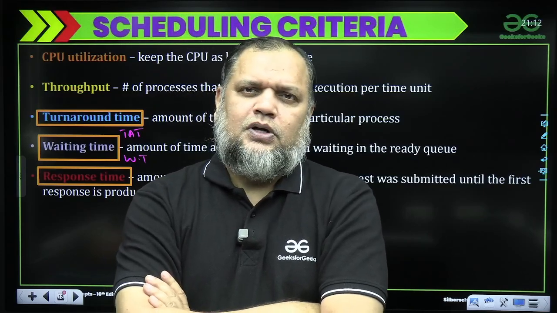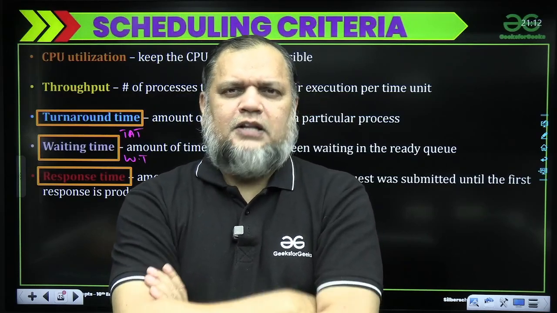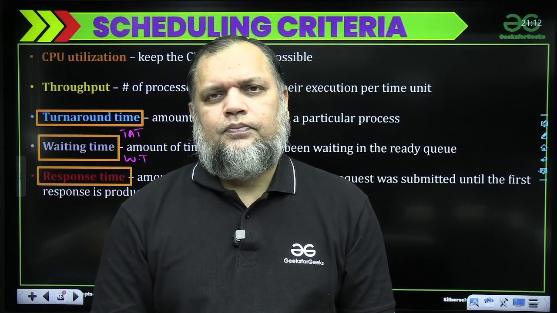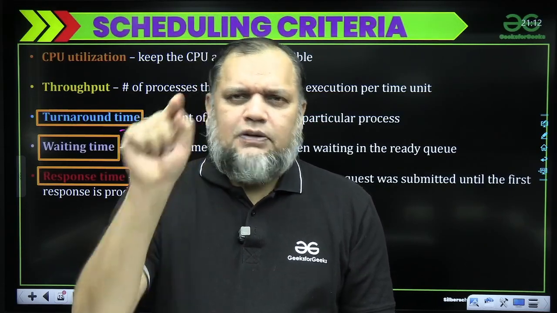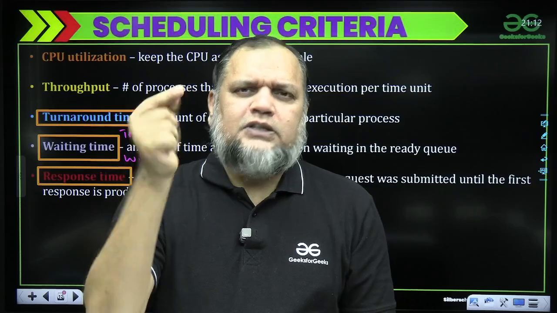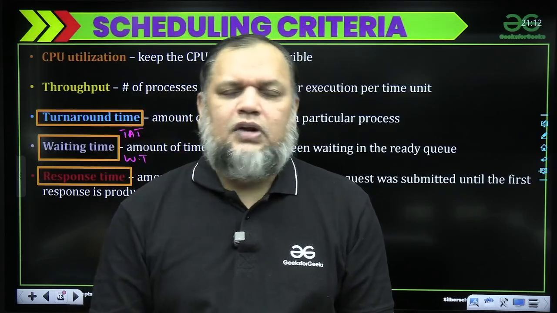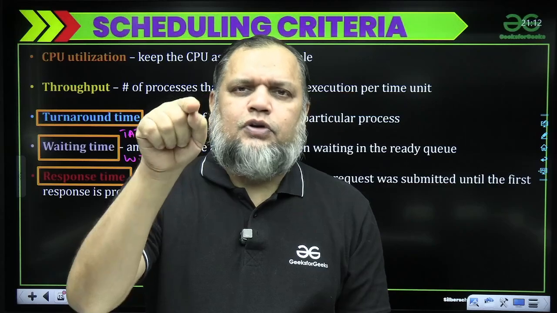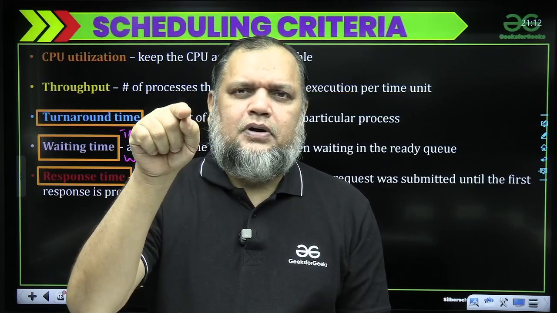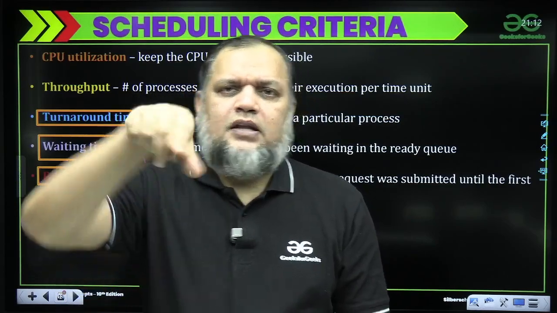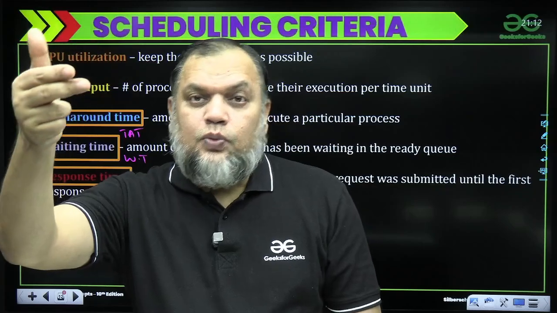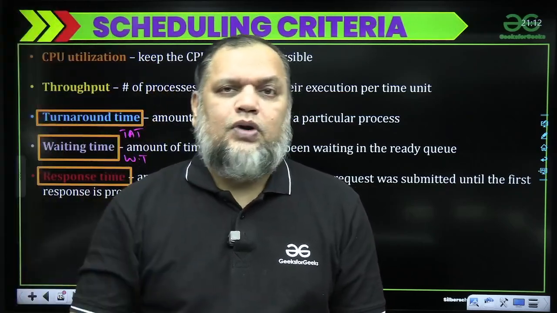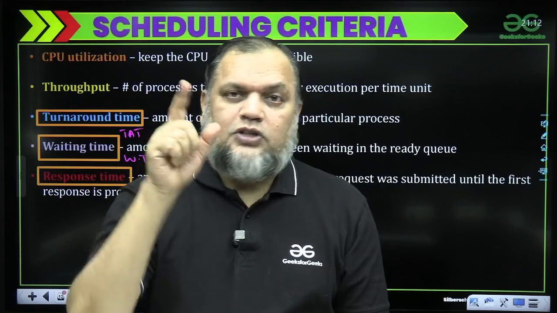Boys and girls, every process may be associated with several requests. Sir, what is this request? Simple example, you open a browser. In the browser, I can have several requests, for example, pending on the web page. There are several hyperlinks. Imagine every hyperlink is like a request. So the moment you click one hyperlink, the time you click and the time taken to deliver the response of that hyperlink, maybe in a pop-up window or in another new window or another tab, that is called response time.